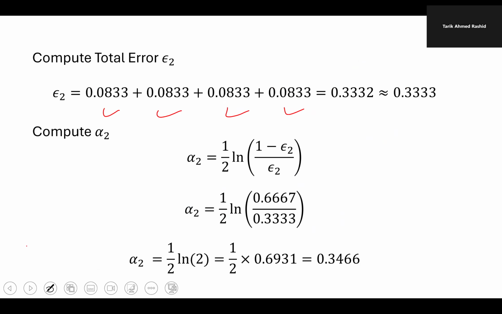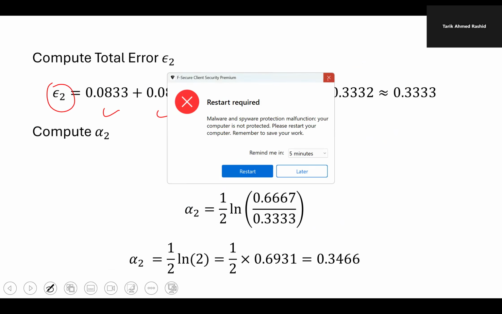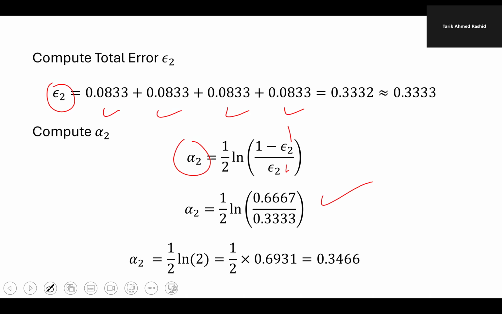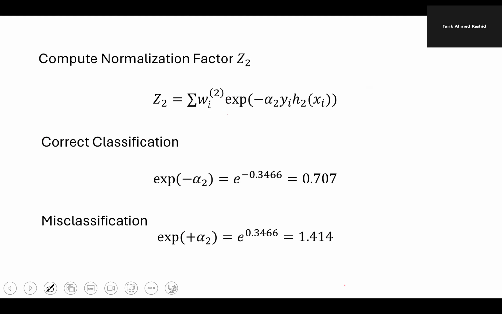We sum the weights in iteration 2, plug them here, and find alpha. Alpha is 0.3466 in iteration 2.